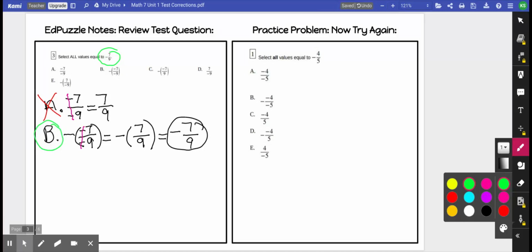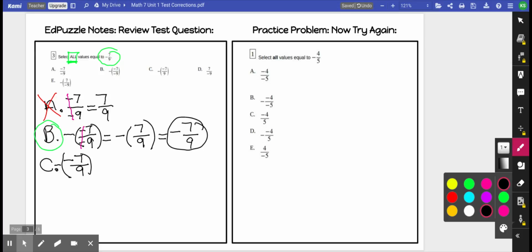But we have to remember that it says select all. That is a very important term there. All. That means there is more than one correct answer. There's a minimum of 2 correct answers. So let's look at C. C is negative 7 over 9, and it's the opposite.